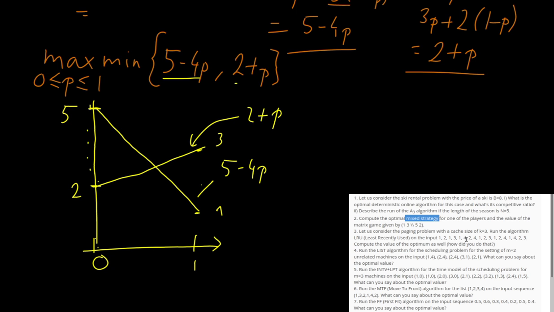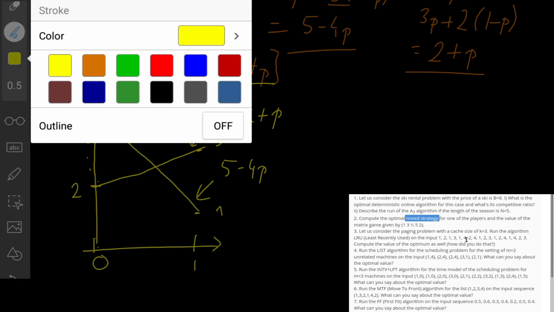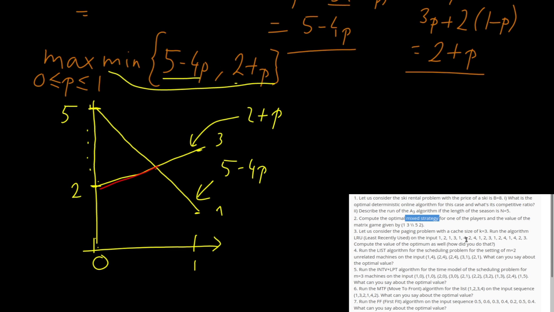So this is the 5 minus 4p. Now the minimum of these two things is just this guy. You can see that they meet between 0 and 1 because the order changes. For p equals 0, the lower one is 2 plus p, and on the right-hand side of the interval the other gets smaller, which means that these two lines meet somewhere in between.